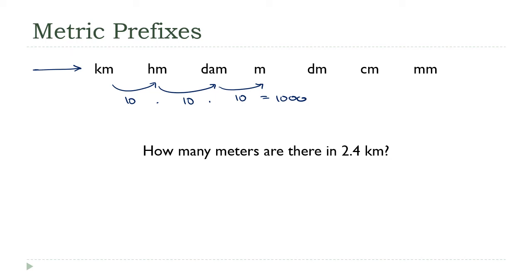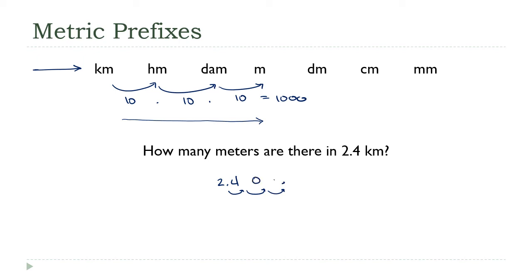Well, the easiest way to remember is if you've got the prefixes written the way I did here, the decimal point goes in the same direction that you counted the places. I went from left to right, so I'm going to move my decimal point from left to right. I'm going to start with 2.4 and go 1, 2, 3 places, and that's where it ends up.